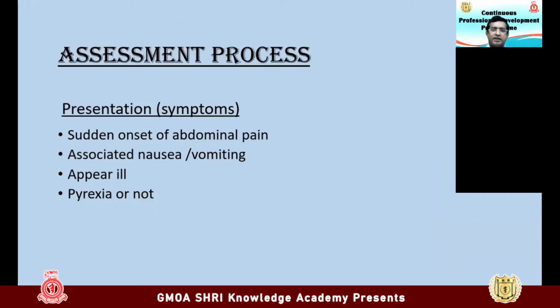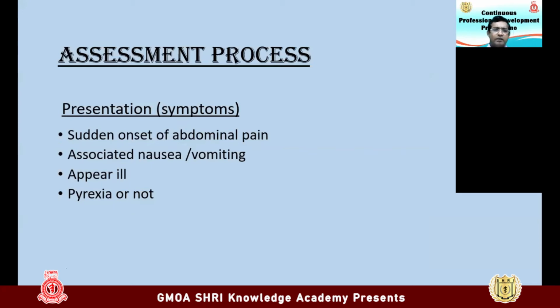So, the assessment process. When a patient comes to a unit with abdominal pain, an acute abdomen, usually the assessment starts from history, examination, investigation, and so on. Presentation: we are going to analyze the symptoms of these patients.